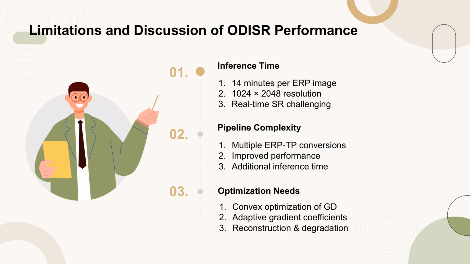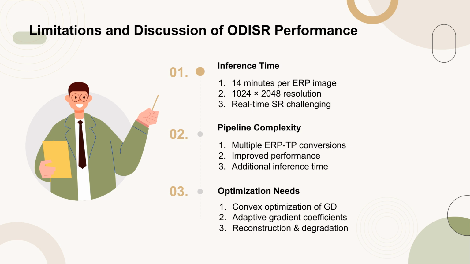Despite achieving competitive performance and better visual results in ODIs, the study identifies several limitations. Firstly, the inference of the diffusion model is time-consuming, taking approximately 14 minutes per ERP-formatted omnidirectional image to be super-resolved into a size of 1024 by 2048, which poses a challenge for real-time super-resolution.